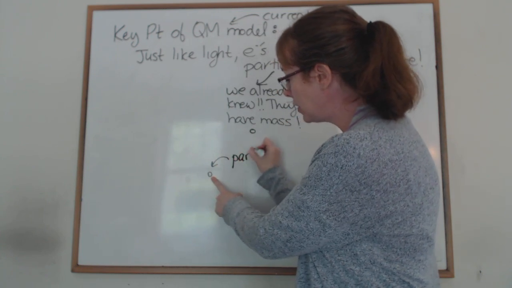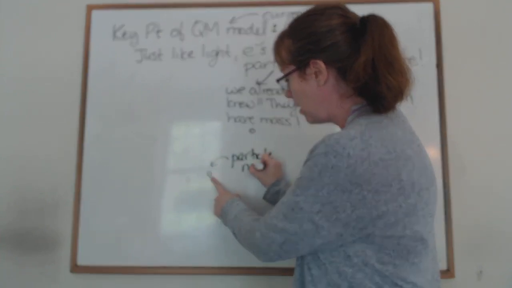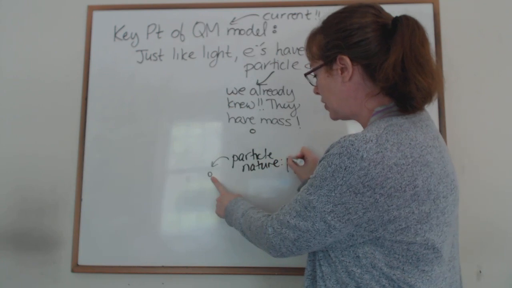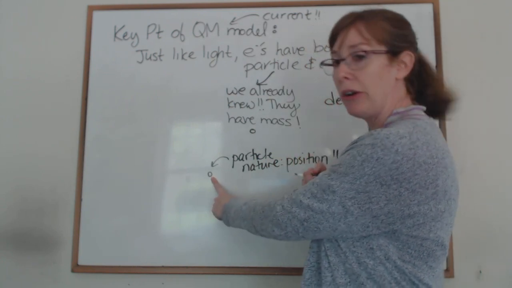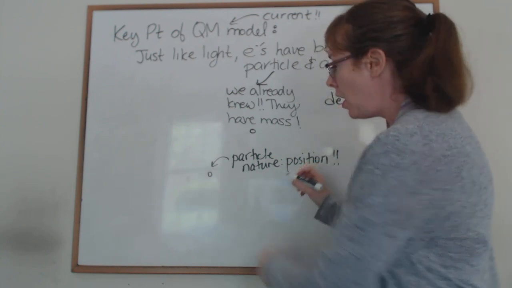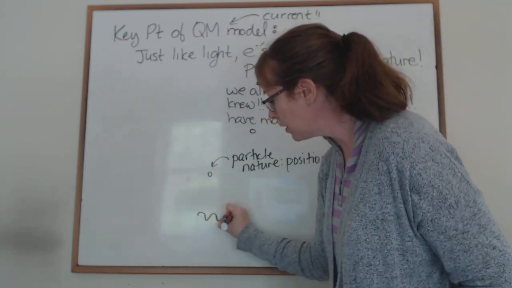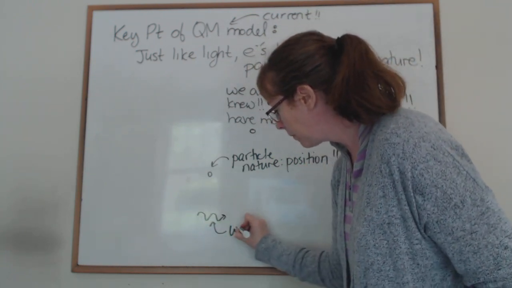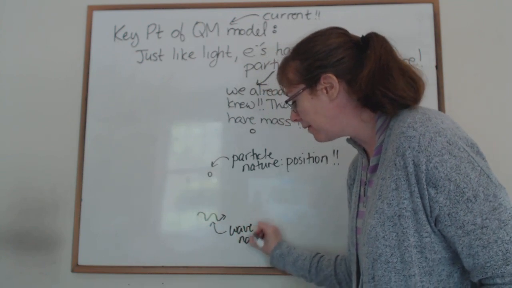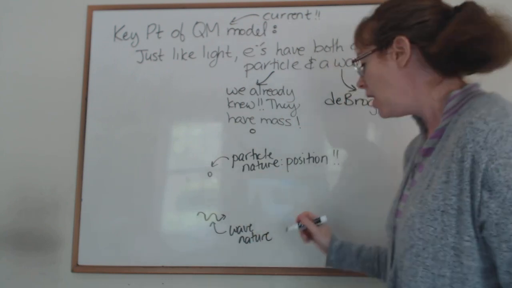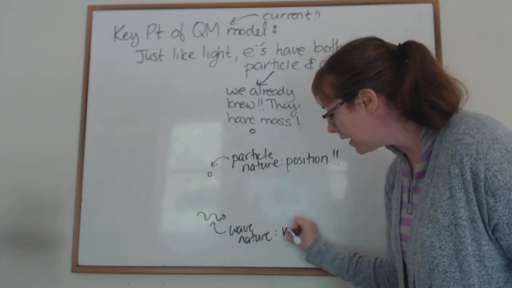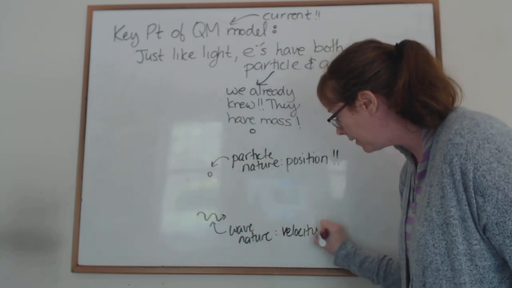The particle nature is related to position. You can position a particle in the universe, whereas the wave nature, you can't position a wave. It doesn't have a unique, distinct spot in the universe. The wave nature instead is related to velocity, where it's going, where it's headed.